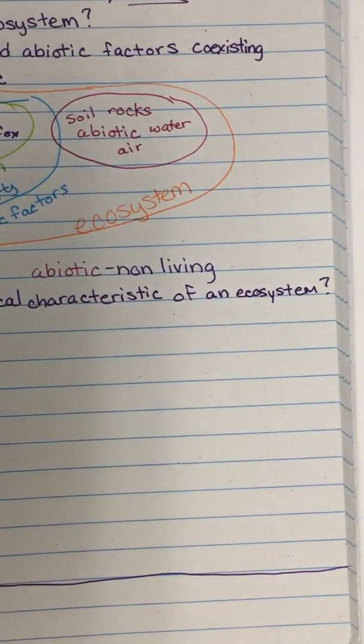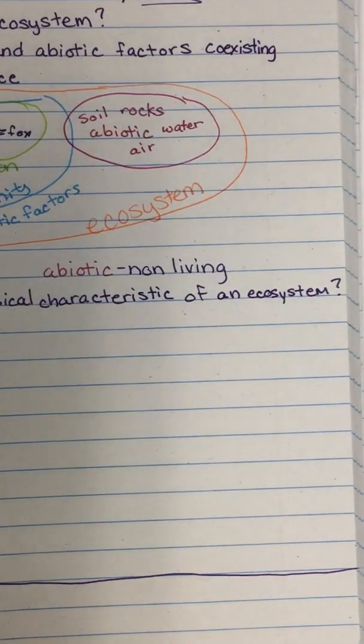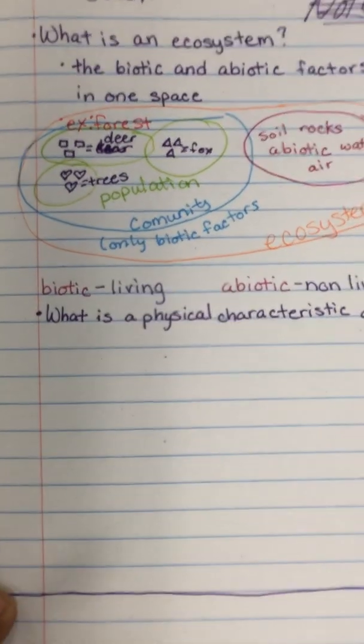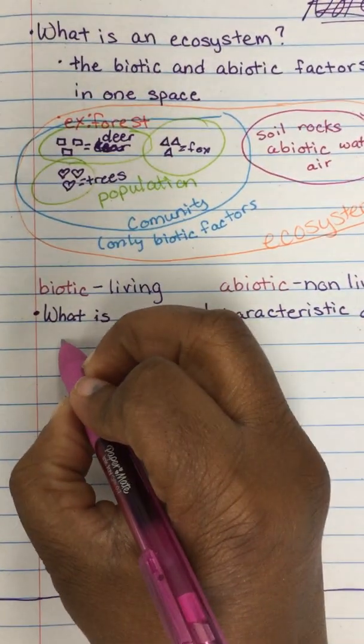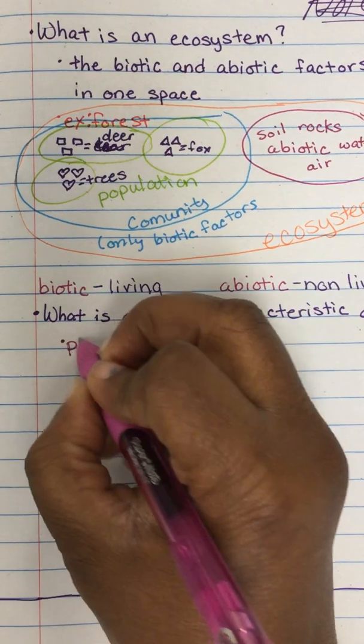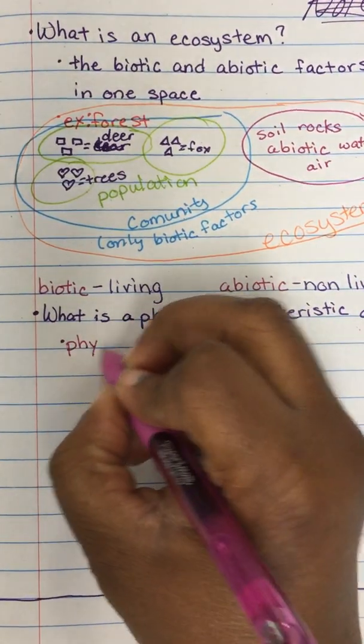And once again, it's a question, so I'm using a question mark. So we're going to define physical characteristics for an ecosystem, and it's going to be long. Make sure you pause the video so that you have time to write. This is at your own pace. So I'm just going to write the word physical characteristic because we know what we're talking about.